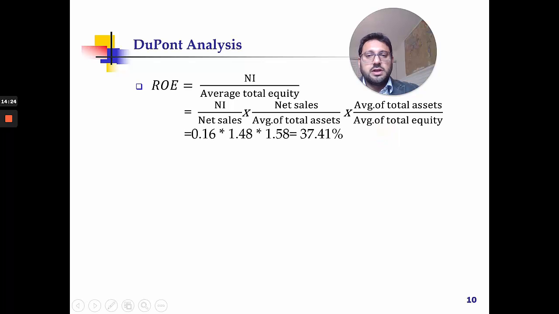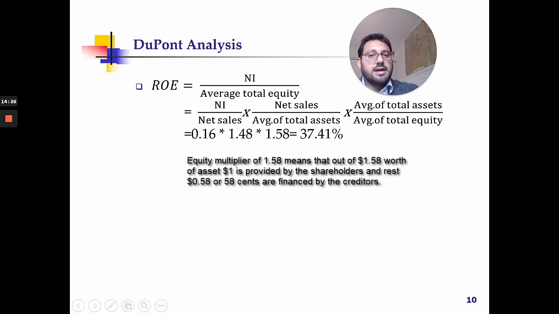So for the Lululemon fiscal year 2019, the 16% is the profit margin, multiplied by the 1.48, which is the asset turnover, multiplied by 1.58. It means that for every $1.58 of asset, $1 is financed by the equity holders or shareholders, and the rest, 58 cents, is financed by the creditors, right?